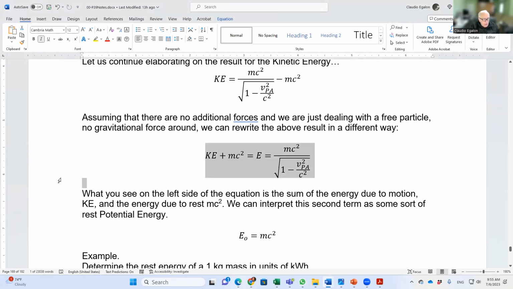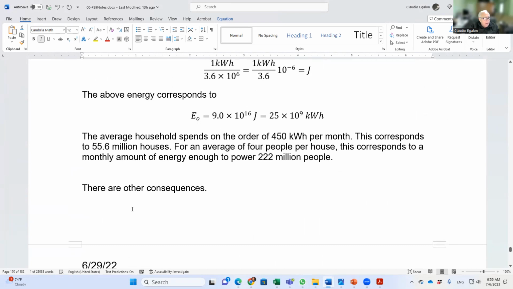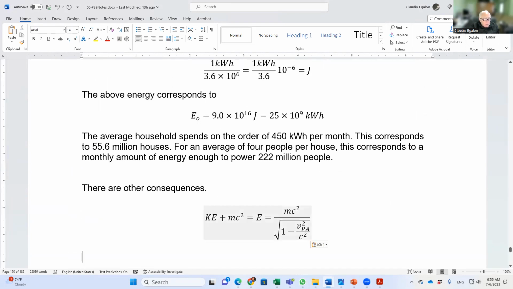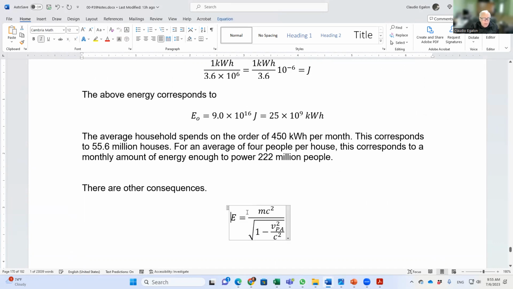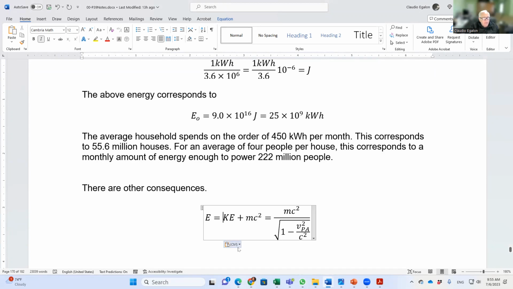That's the net energy, right? The total energy is not just the rest energy, it is the rest energy plus the moving energy, the kinetic energy. I'm going to emphasize that. Kinetic energy plus rest energy.